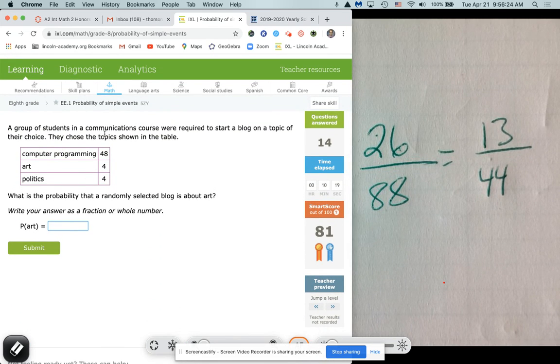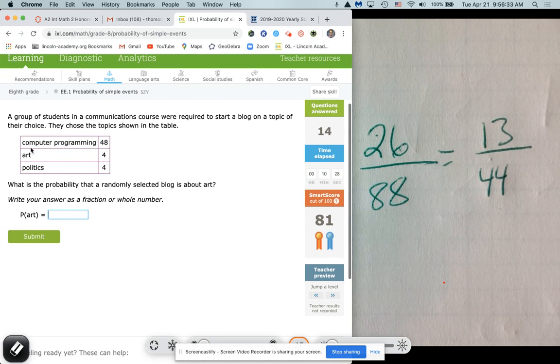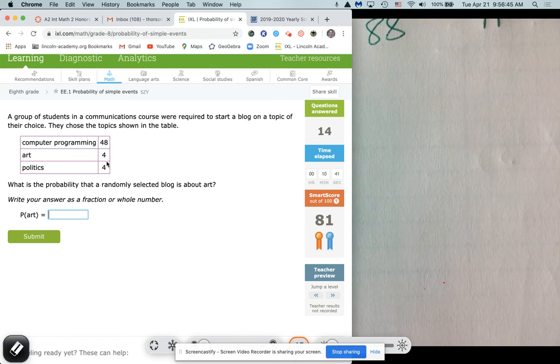Here, a group of students in a communications course was required to start a blog on a topic of their choice. They chose the topic shown in the table: computer programming, 48, art, 4, politics, 4. What is the probability that a randomly selected blog is about art? Well, how many are about art? There's 4 about art, but how many are there total? This is the careful thing.